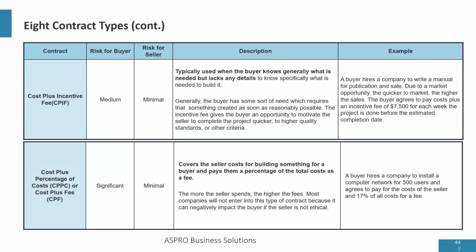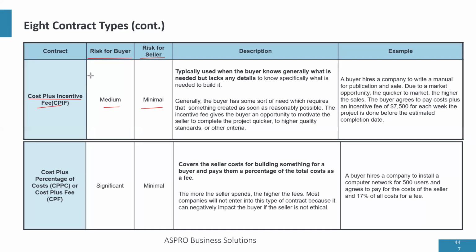So when we talk about cost plus incentive fee, the risk for the buyer is medium, the risk for the seller is minimal. So what does cost plus incentive fee mean? It means the buyer pays for the cost of the work, and also includes an incentive to make the seller work faster.